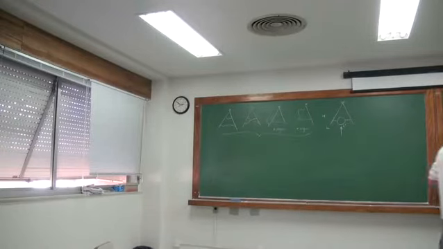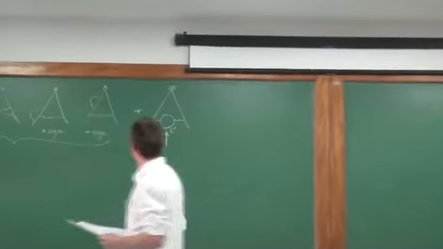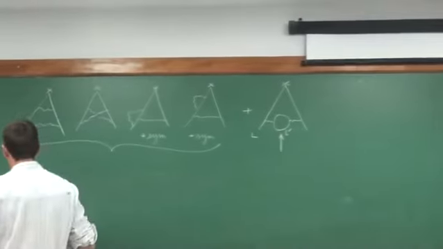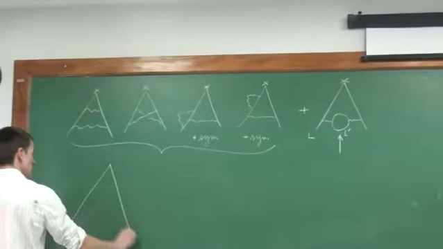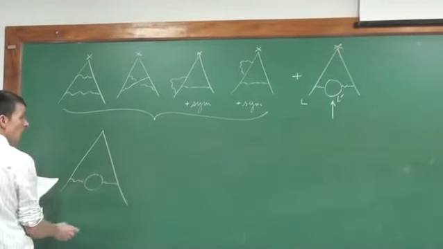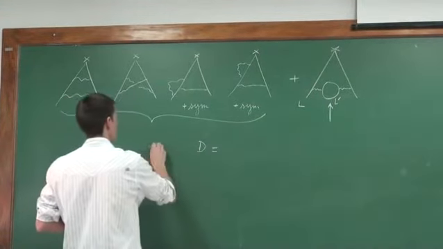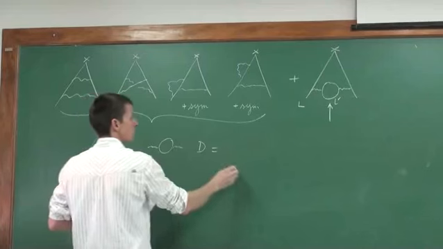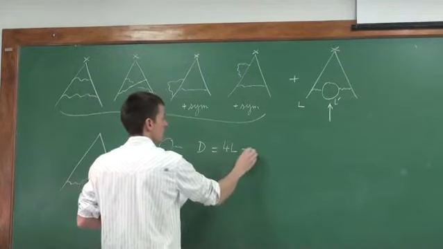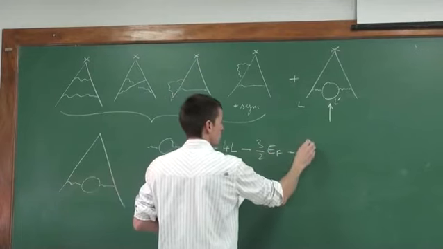So we begin with the inside subdiagram, which has D equal to 4L minus 3.